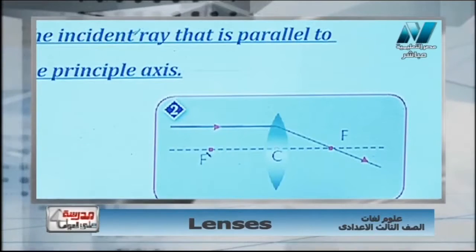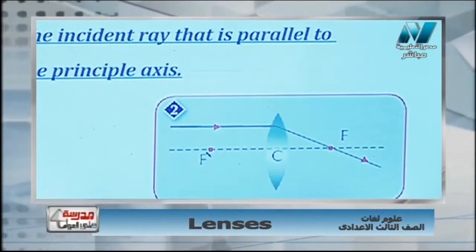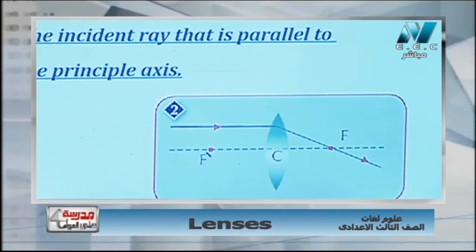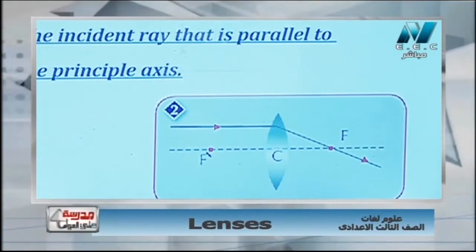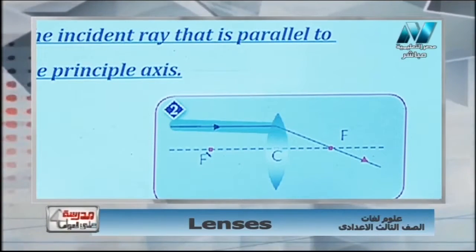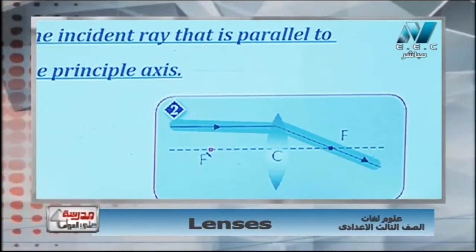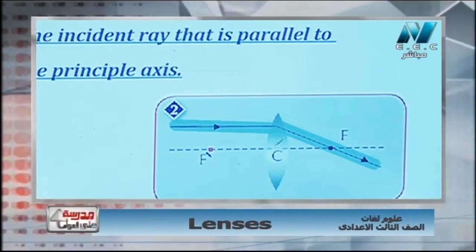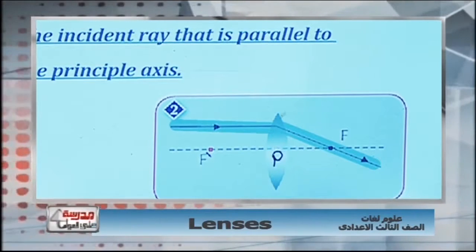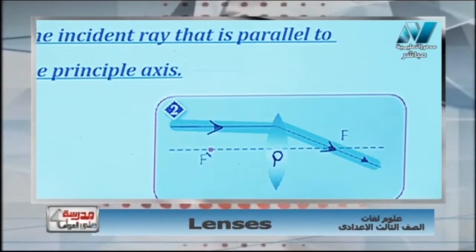Rule number two: if the incident ray is parallel to the principal axis, as we see here, then in this case the light will refract through the focus. So here the light passes parallel to the principal axis, and in this case the light passes through the focus.